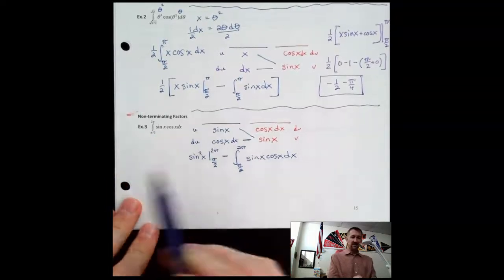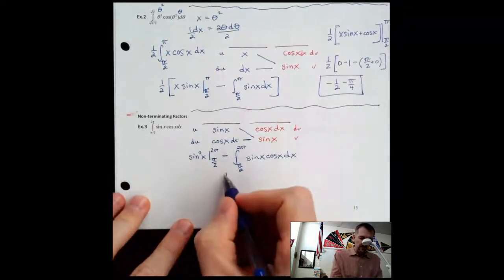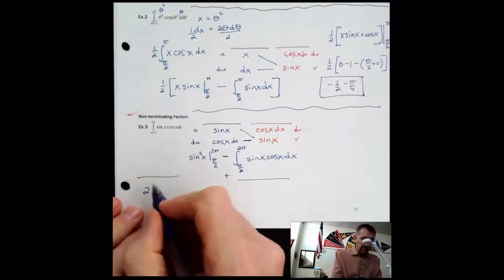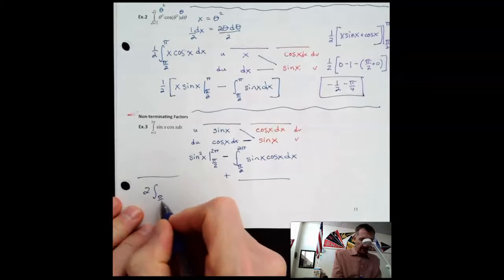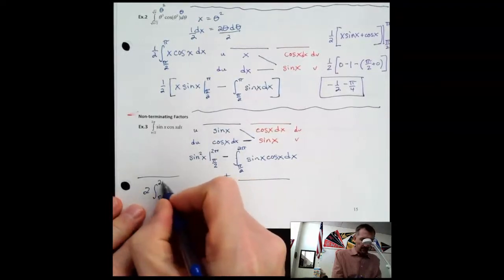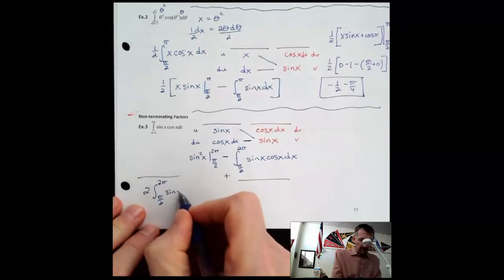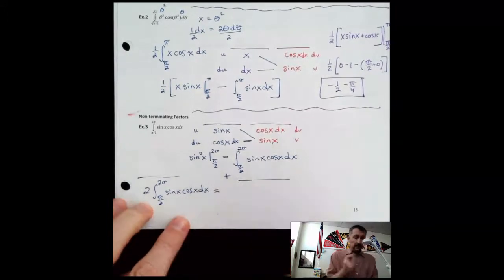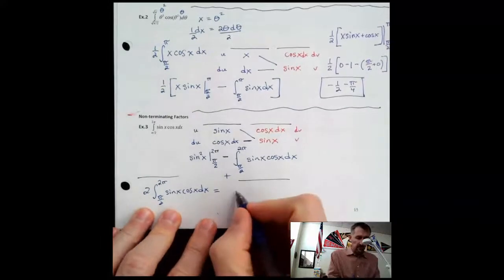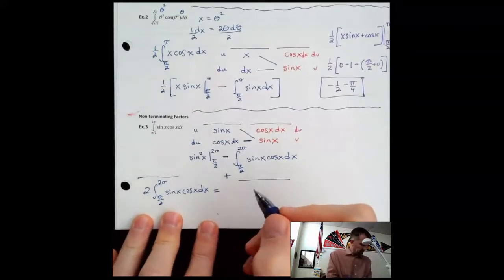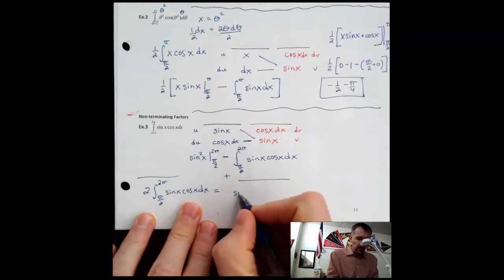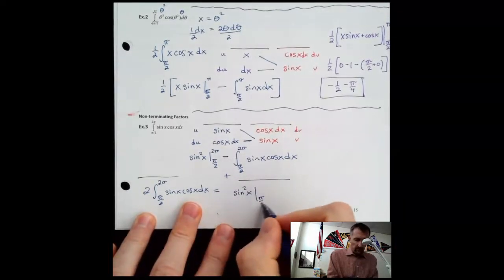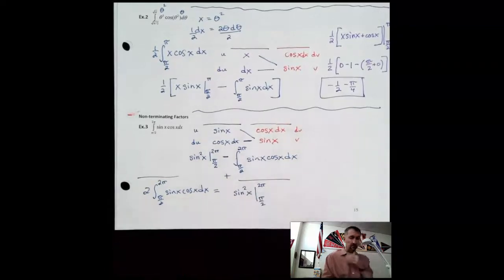So if we add this to both sides, we would get 2 of those equals, do I want to simplify that yet? Maybe not. Sine squared x from pi over 2 to 2 pi.